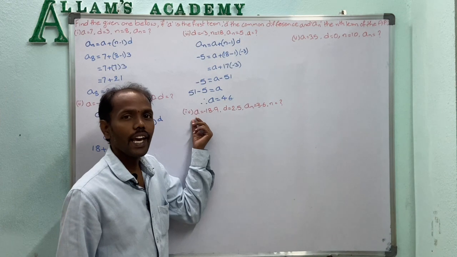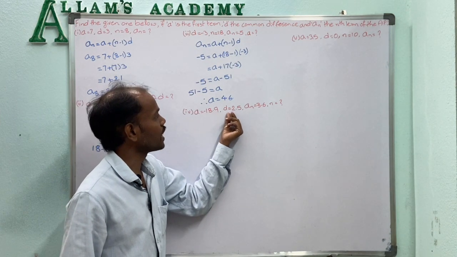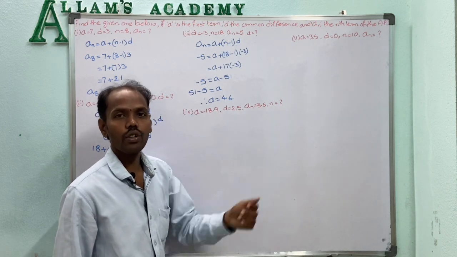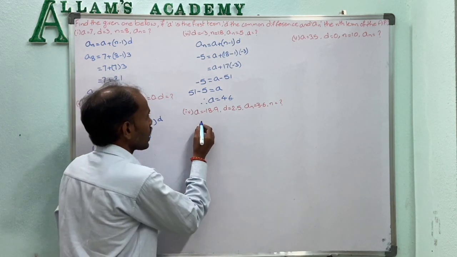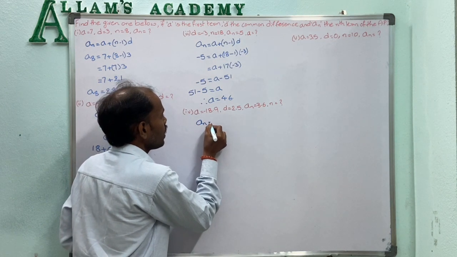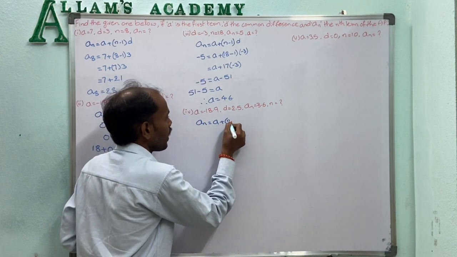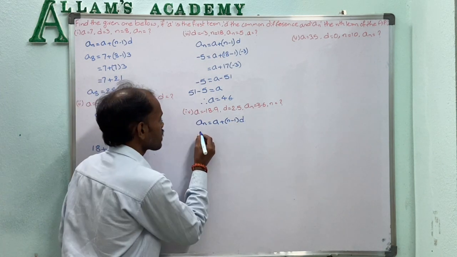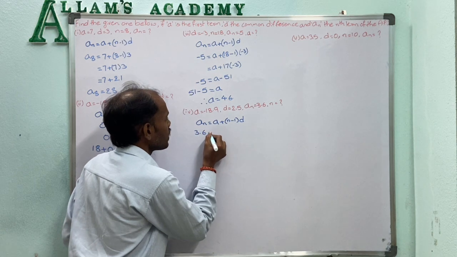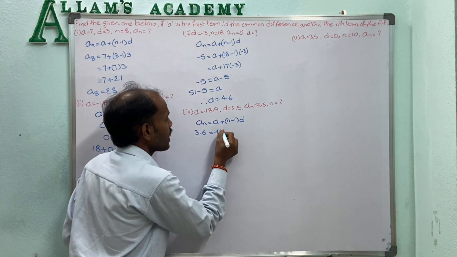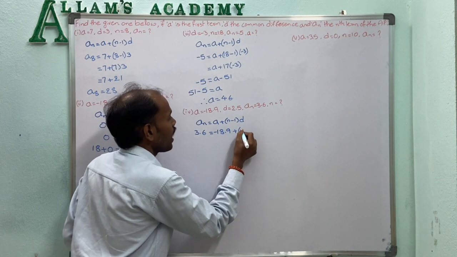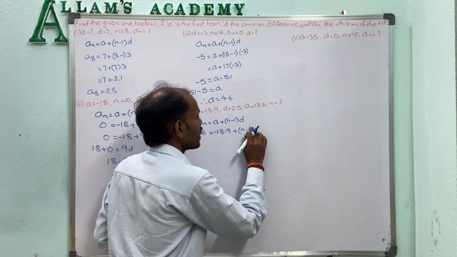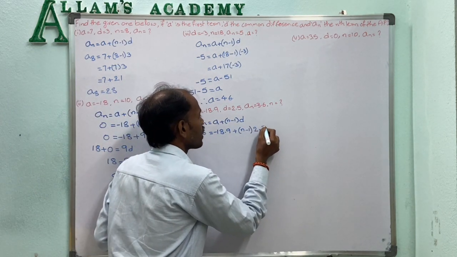Here given a equal to minus 18.9, d equal to 2.5, an equal to 3.6, then n equal to how much? The general form an is equal to a plus n minus 1 into d. So 3.6 is equal to minus 18.9 plus n minus 1 into 2.5.